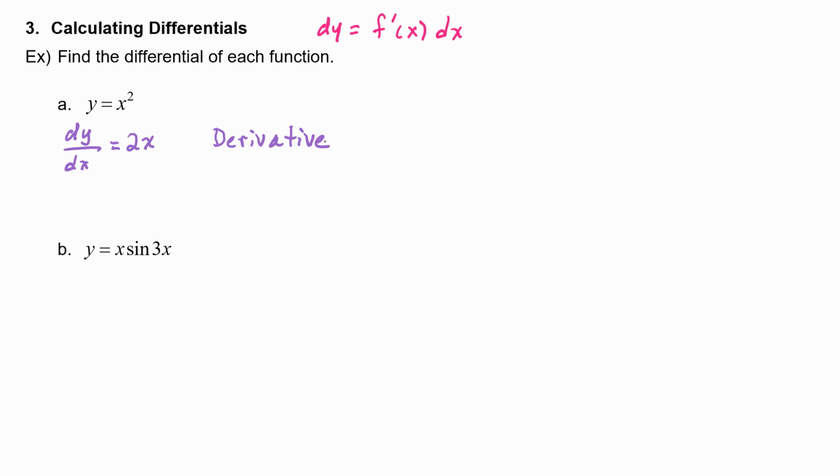And then to put it into differential form, all we have to do is take f prime and multiply it times dx. So you can think of this very algebraically, we're going to take this dx and cross multiply it up. That's how you can think of it in your mind. So then dy, the differential, is going to equal 2x dx. And this is the differential form.